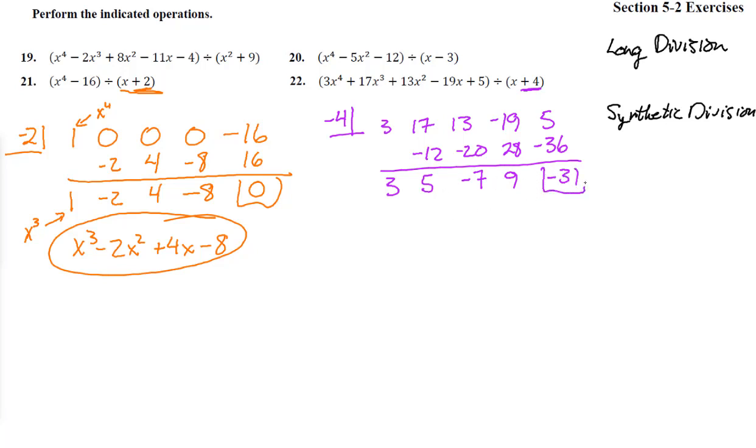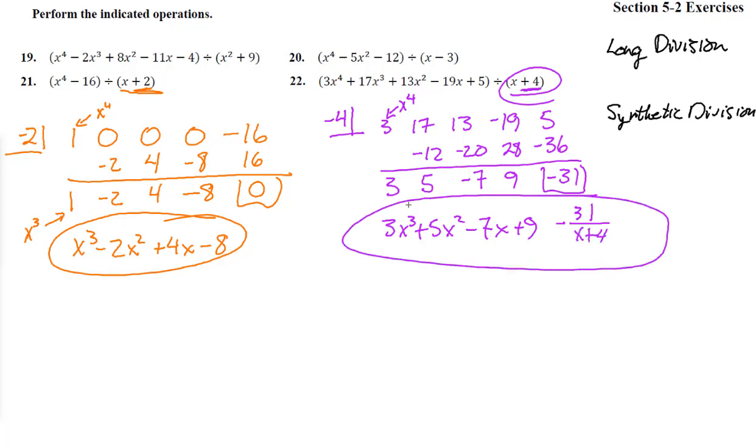All right, so there's our remainder, and everything dropped a power. That used to be an x to the 4th. So this guy is 3x cubed plus 5x squared minus 7x plus 9. And then we have a minus 31 over the original, what we're dividing by, x plus 4. Oh, that's just like those ones up above. Alrighty, good deal.